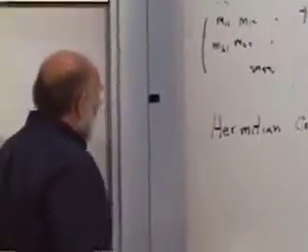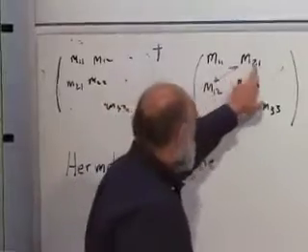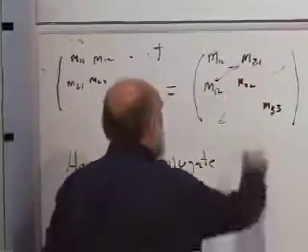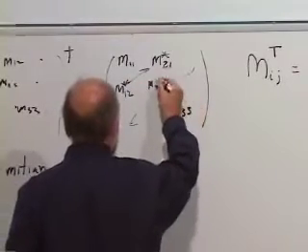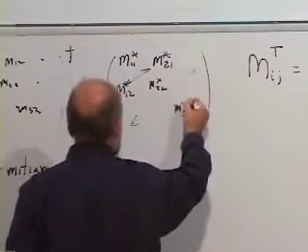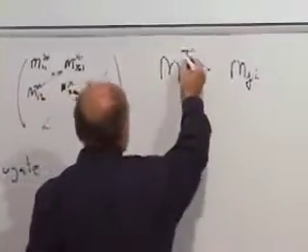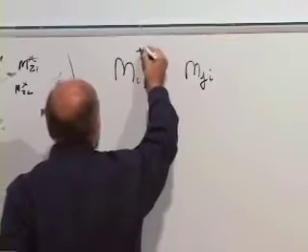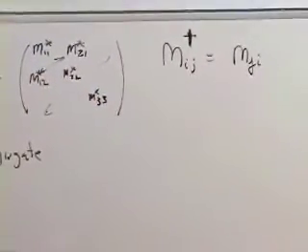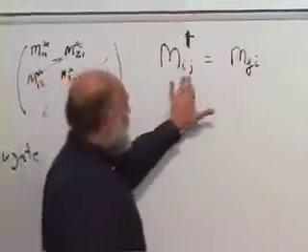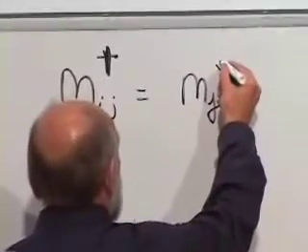You first transpose, but then complex conjugate everything, the diagonal elements as well as the off-diagonal elements. We write it by saying that the Hermitian conjugate, the dagger of a matrix, is you interchange rows and columns, and then you complex conjugate.